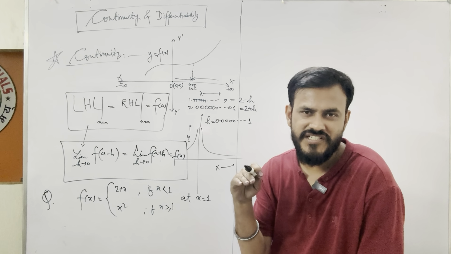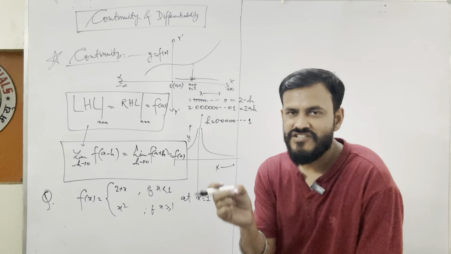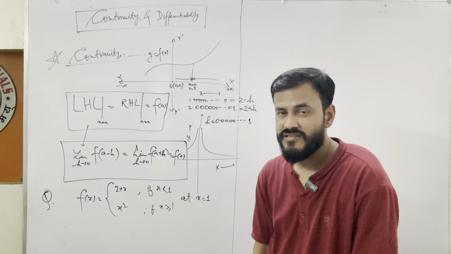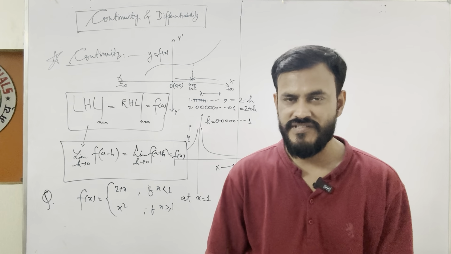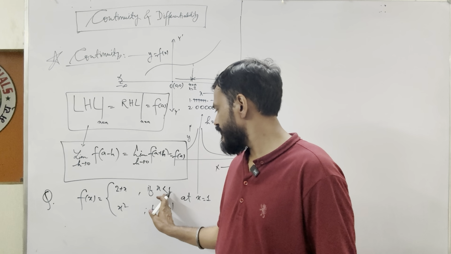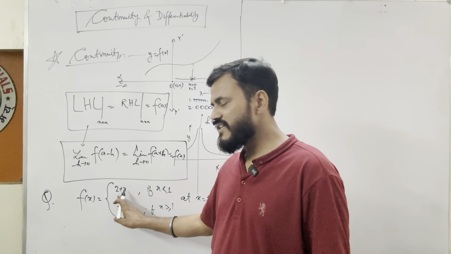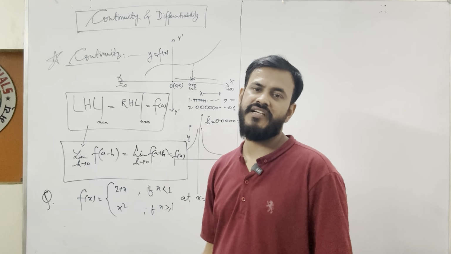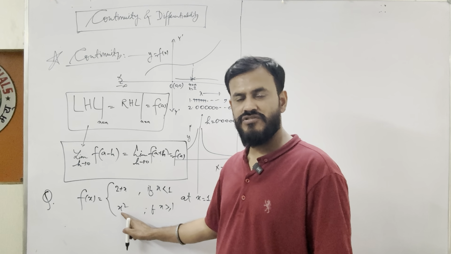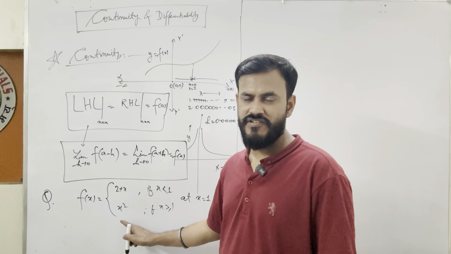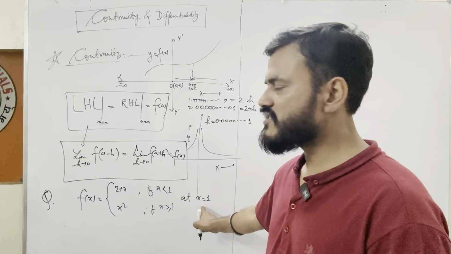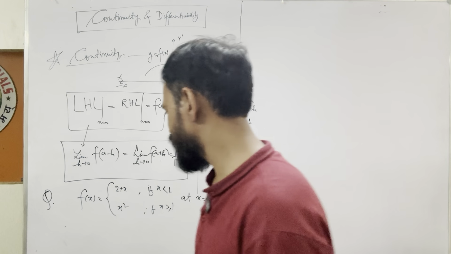So where the function changes, there is a chance of it being discontinuous at that point, because below 1 there is a single algebraic function and it should be continuous. Here as well, beyond 1 you see a single x square quadratic function, an algebraic function, so it is continuous. Now we'll see whether this function is continuous at x equal to 1 or not. So let us find out.